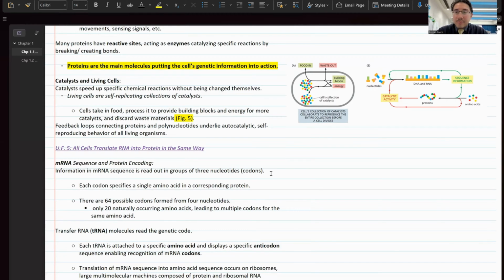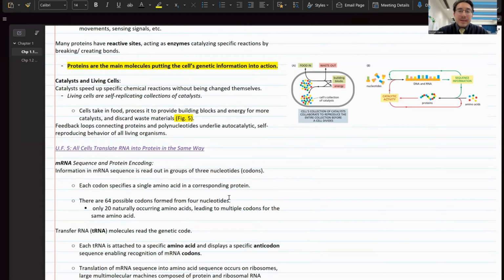Cells take in food, process it, to provide the building blocks to make bigger, more complex molecules, and provide energy to other signaling pathways, for example. And at the same time, once these reactions have occurred, the waste material needs to get discarded and so forth.